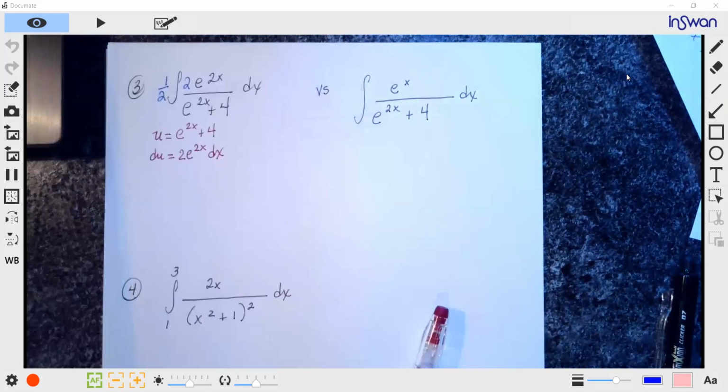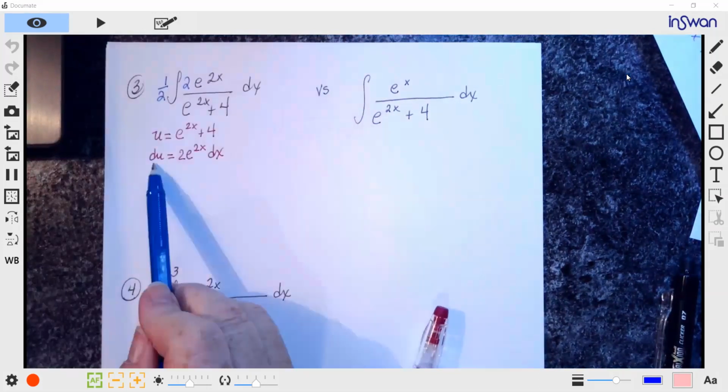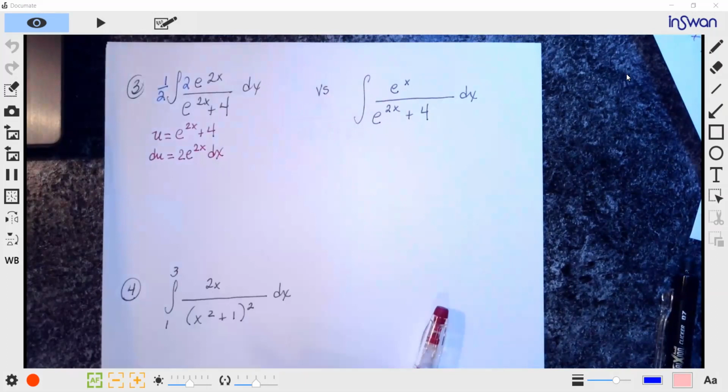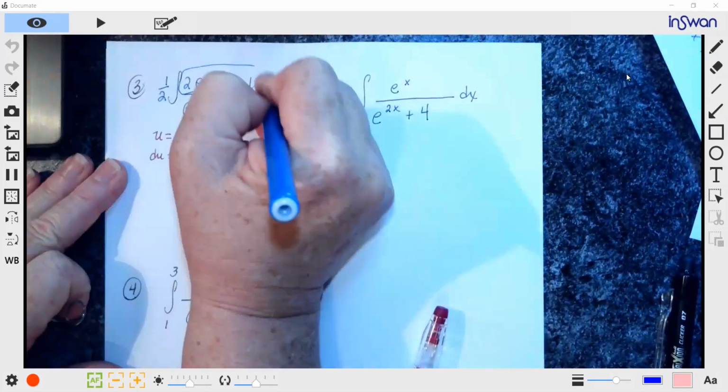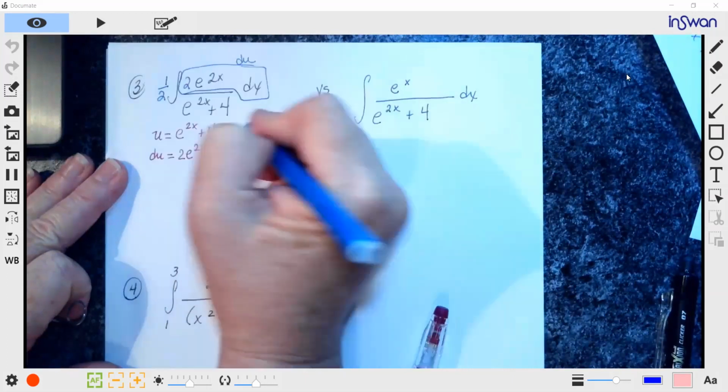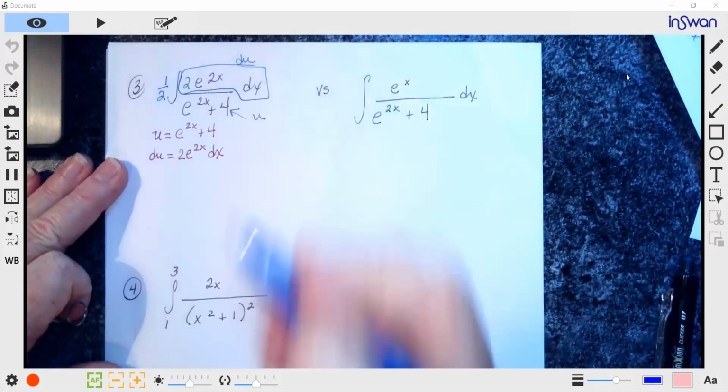Or if you prefer, you can do the dx is equal to du over 2e to the 2x and do the cancellation. But for me, this guy right here is my du, and this is my u.